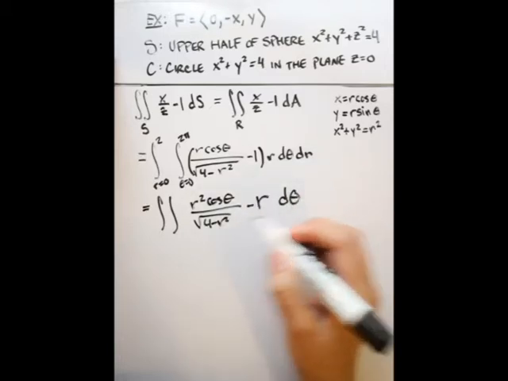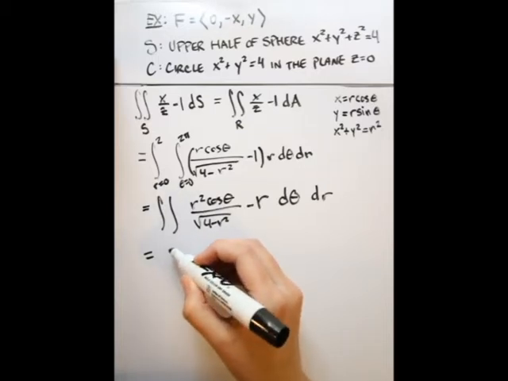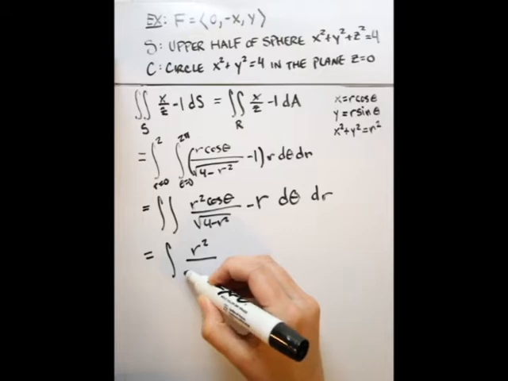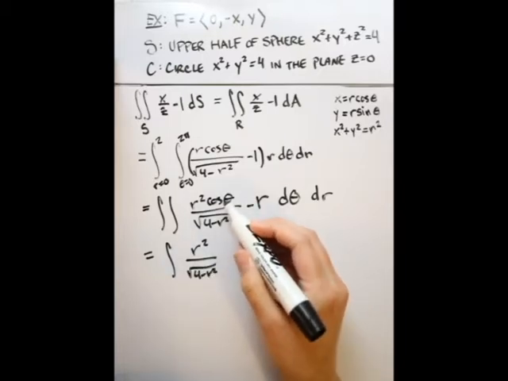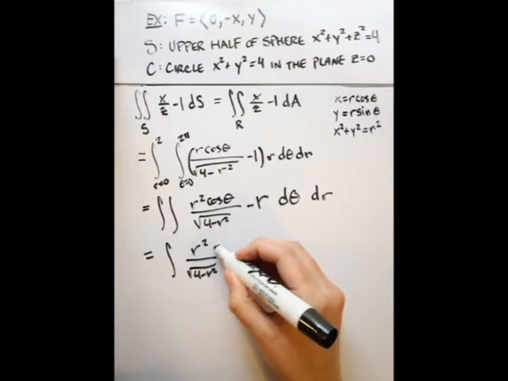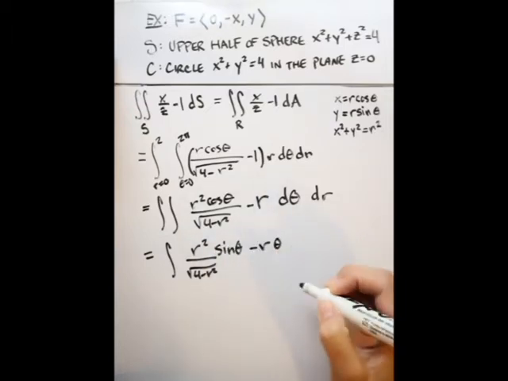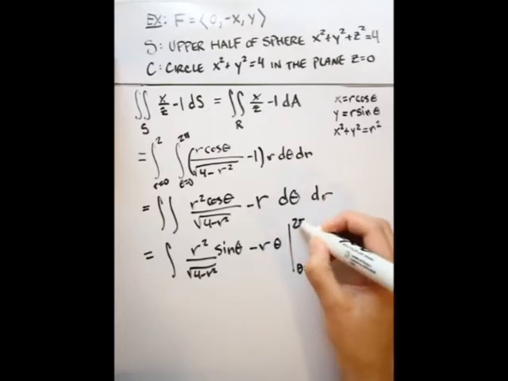So every r is a constant here. This then leads to r squared over r square root, and the integral of cosine is going to give us sine theta, and then minus r theta. Then we'll evaluate from theta equals 0 to 2 pi.